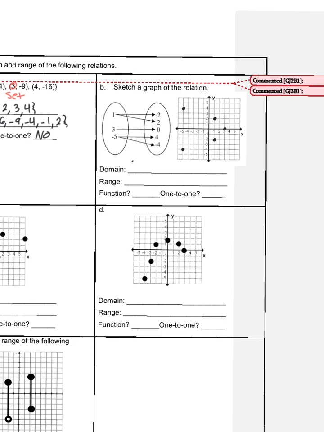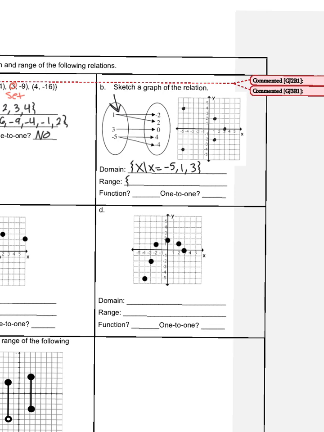Okay, so for our domain, I'm looking at the X values. And again, this is a set of numbers. It's a scatter plot. I'm going to use set notation. And I've got -5, 3, -5, 1, and 3.